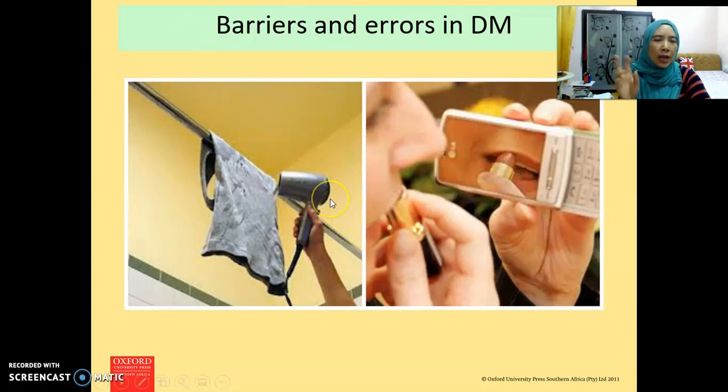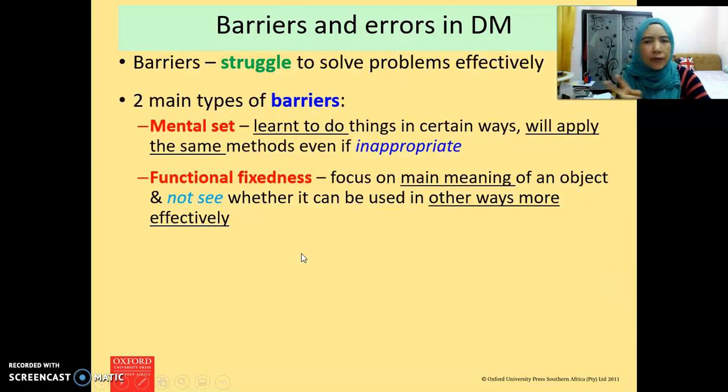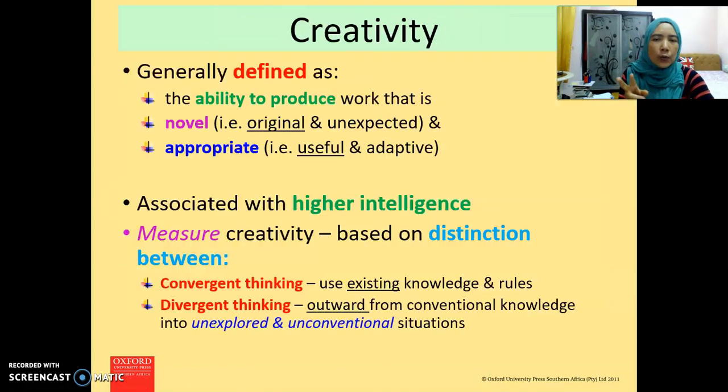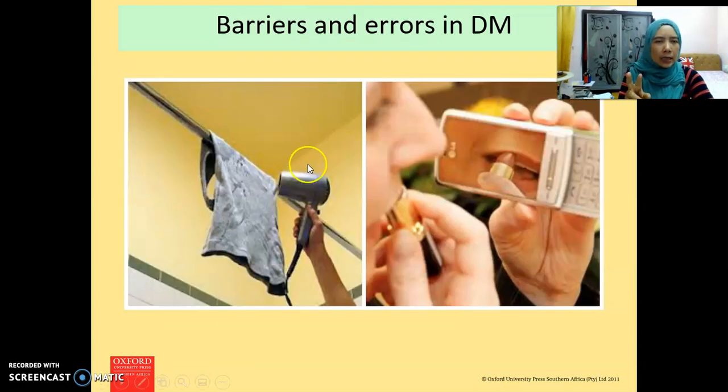A hair dryer is to dry the hair, a phone is just to call. We only use the equipment for its normal purpose.